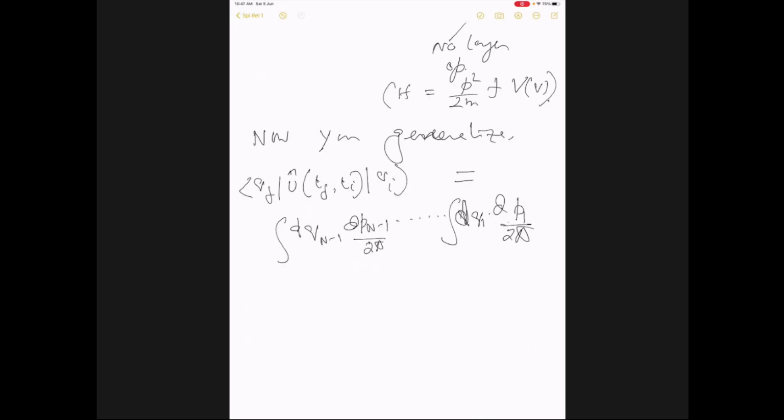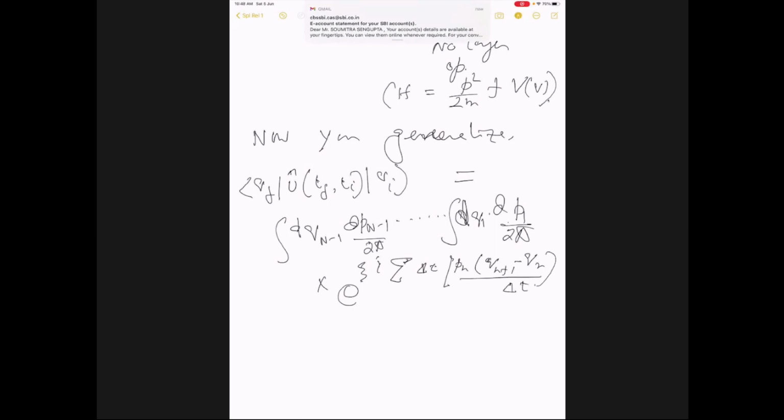So this goes on, and finally what I get is e to the power i sigma delta t p n, q n plus 1 minus q n. You know that you have q l plus 1 minus q l divided by delta t. So what I've done is I had e to the power i pq, but I have now multiplied by delta t and divided by delta t.